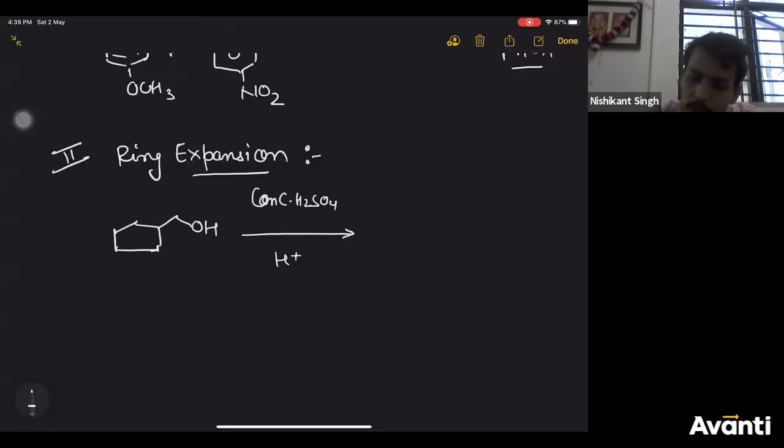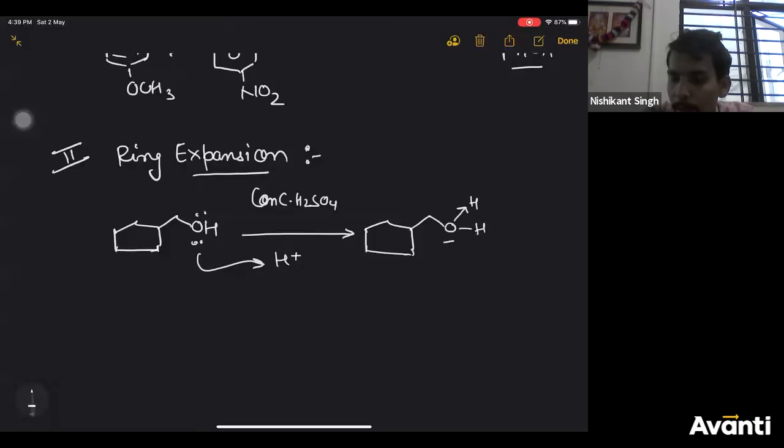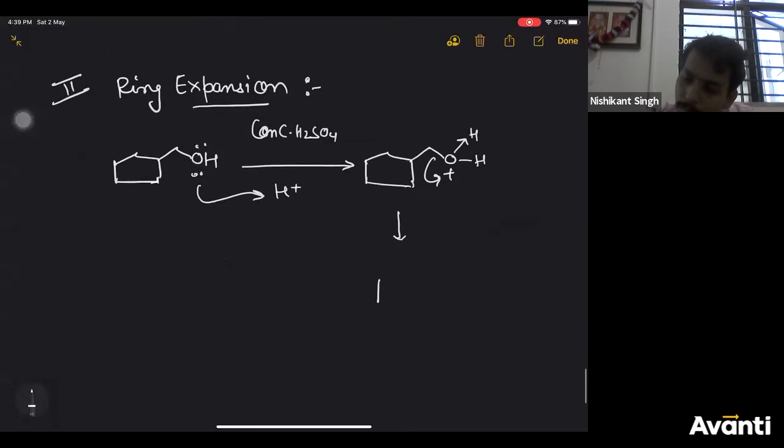First step, protonation by H plus, so you will get the OH with dative bond and H plus charge. In the next step water will be eliminated and you will get a carbocation, positive charge on this carbon.